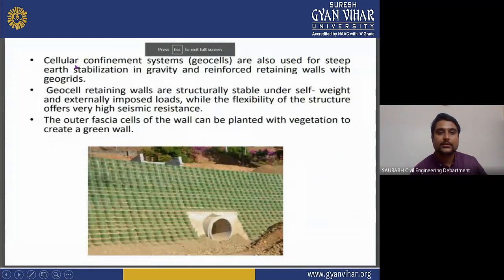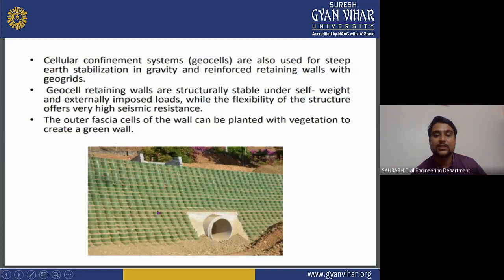Now this is your cellular confinement system. Geocells are used for earth stabilization in gravity and reinforced retaining walls with geogrids. Geocell retaining walls are structurally stable under self-weight and externally imposed load. While the flexibility of the structure offers very high seismic resistance, the outer fascia of the cells of the wall can be planted with vegetation to create a green wall.